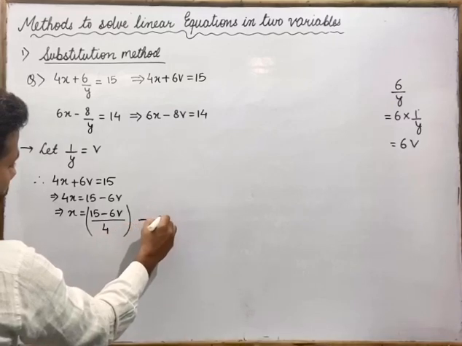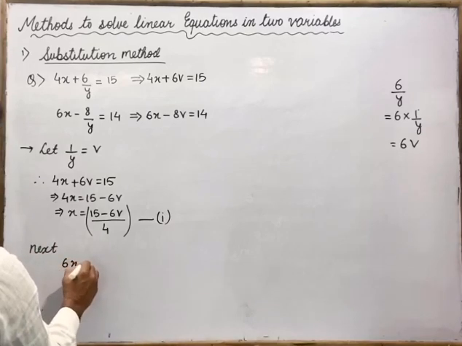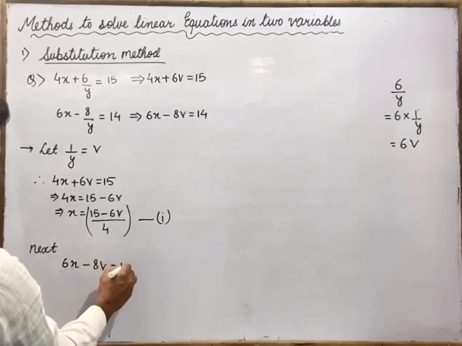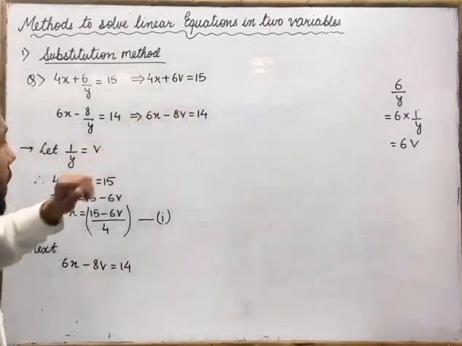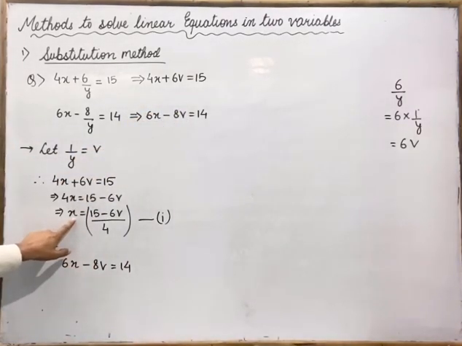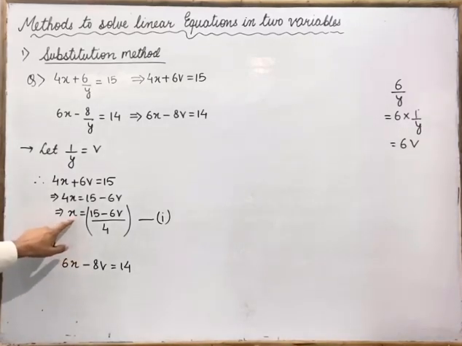This is the first equation that we got. Next, 6x minus 8v equals 14. Now put the value of x from the first equation into the second equation. Substitute the value of x from the first equation to the second equation.